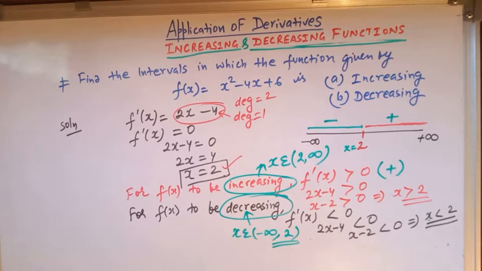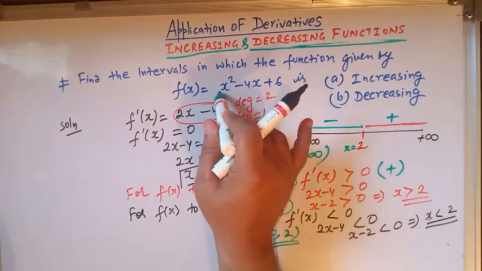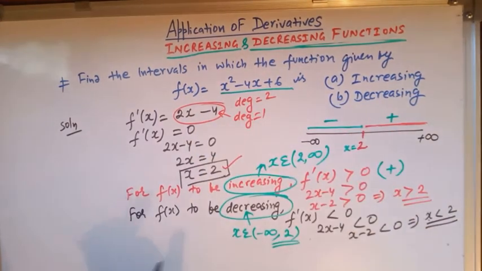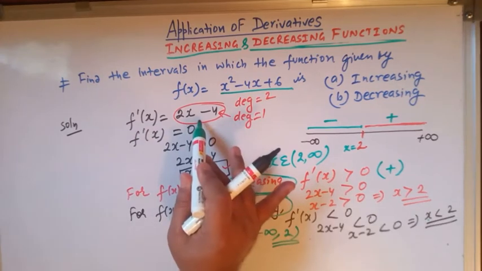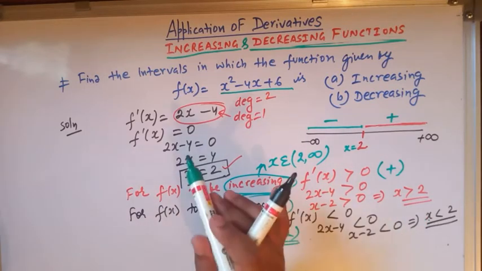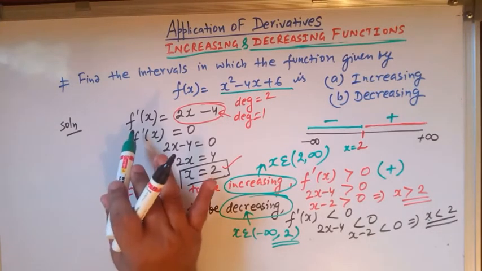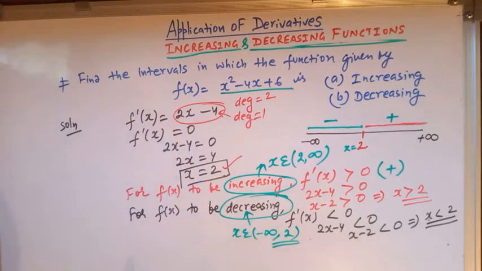Clear? So viewers, here we have a quadratic polynomial and the derivative is a linear polynomial. Now let us see a cubic polynomial, and when we differentiate the cubic polynomial we get a quadratic polynomial. Clear?